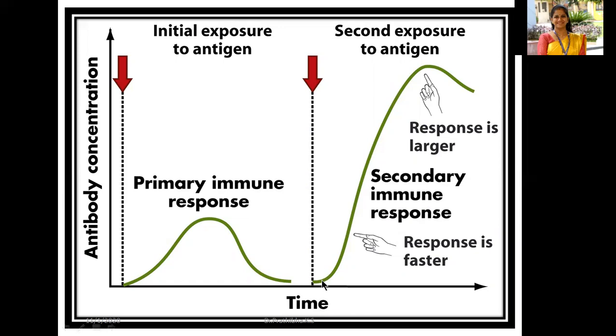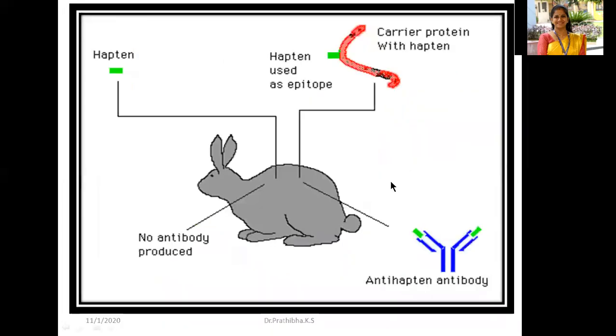That time, we say a secondary immune response, which is very rapid, and you can see the highest curve here. So this is the second exposure to the antigen. The response is very large, quick and rapid, so the response is much faster. So this is all about the primary immune response and the secondary immune response.